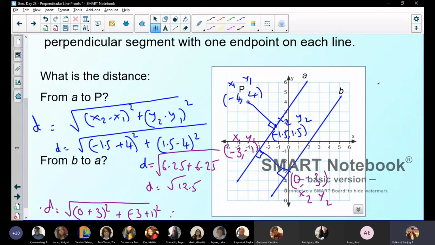So that will give us 0 plus 3 whole square is nothing but 3 squared, which is 9. Negative 3 plus 1 is negative 2, and negative 2 whole square is 4. So 9 plus 4 is square root 13. Okay.